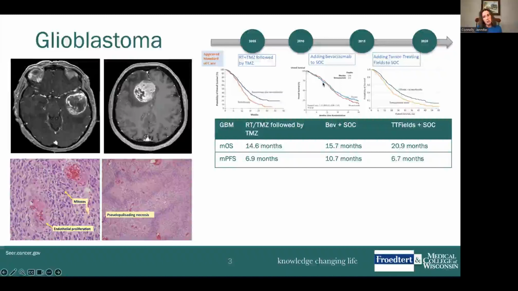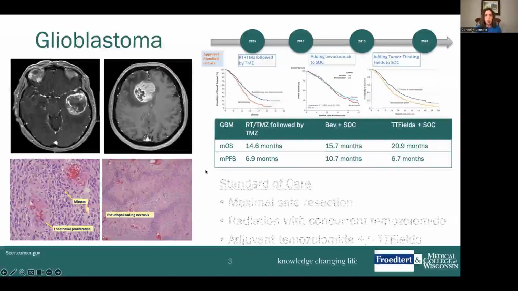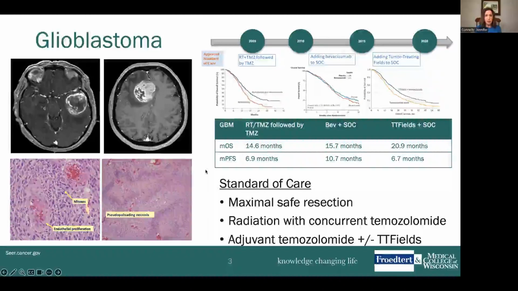But when we looked at overall survival, we didn't see much difference. The most recently FDA-approved treatment for glioblastoma is actually a medical device called Tumor Treatment Fields, and this also demonstrated survival benefit. So the standard of care for glioblastoma starts with maximal safe resection, followed by radiation with temozolomide, and then maintenance temozolomide with TT fields.